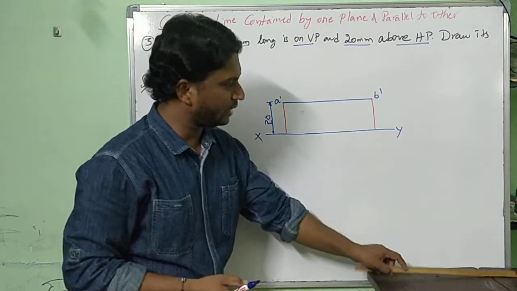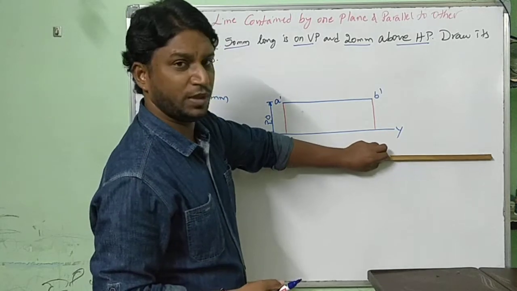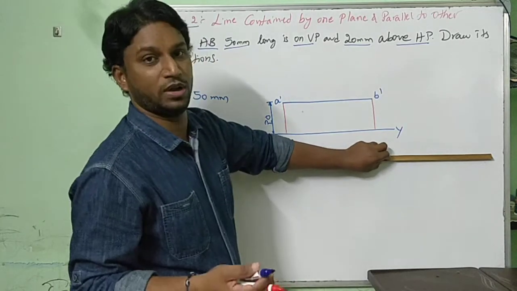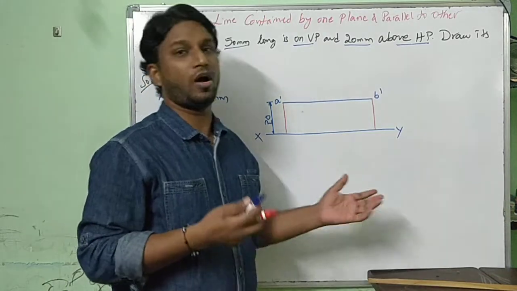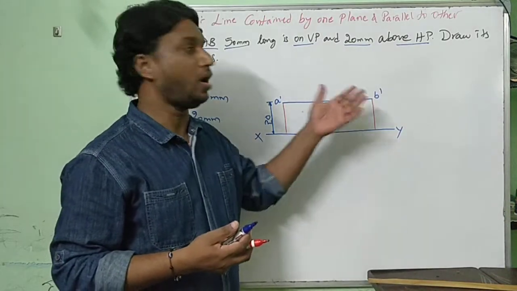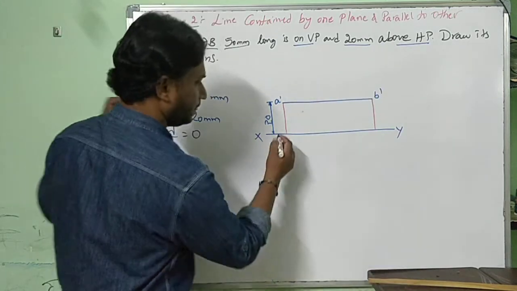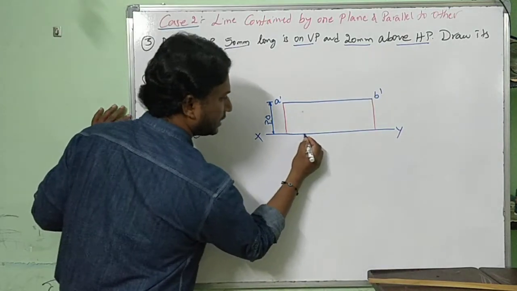Now see what happened here. It is on VP. On VP is nothing but on XY. On HP is nothing but on XY, as in the previous problem. On VP is nothing but on XY. So here we have to draw another thick line.